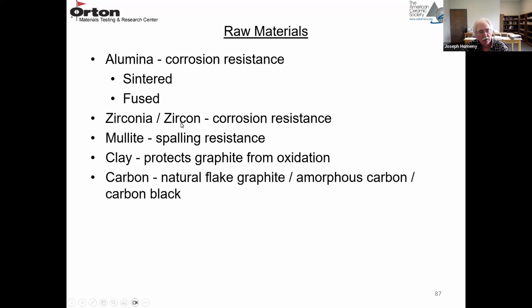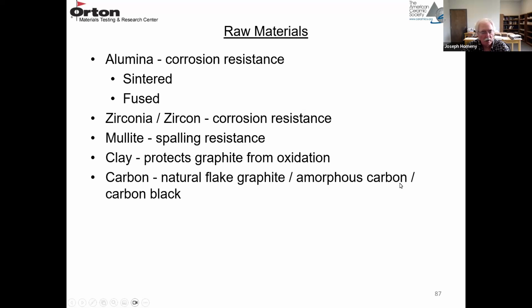Sometimes zirconia or zircon is added for corrosion resistance. Sometimes mullite is added. And if you remember, mullite has a pretty low thermal expansion, so it's added for thermal shock resistance. We've also talked about clay additions. The clay, when it's sintered, protects the graphite from oxidation. And the carbon in these could be a flake graphite.